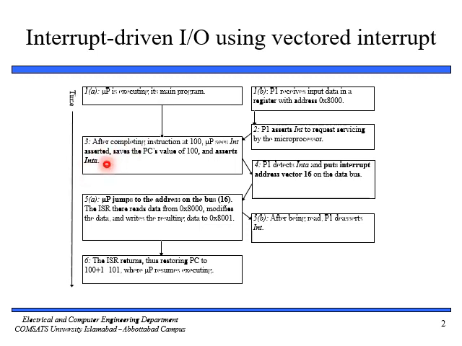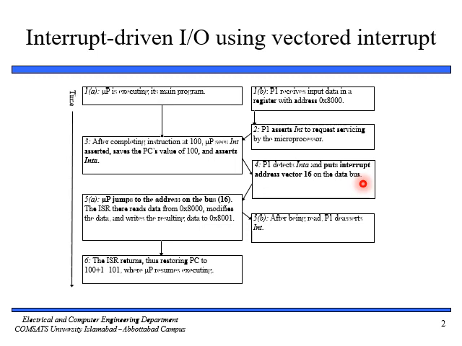So this int A is interrupt acknowledged. In 4, P1 detects int A, interrupt acknowledged, and puts interrupt address vector 16 on the data bus. So we are putting the interrupt address vector 16 on the data bus.